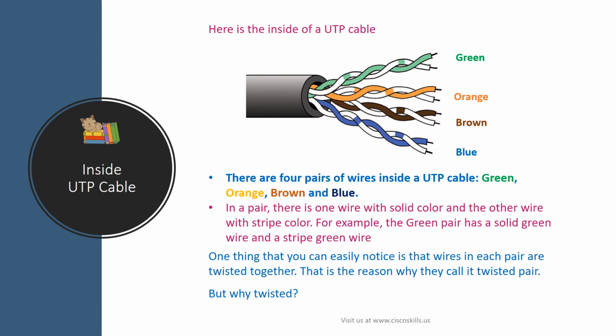For example, the green pair has a solid green wire and a striped green wire. One thing that you can easily notice is that wires in each pair are twisted together. That is the reason why they call it twisted pair. But why twisted?